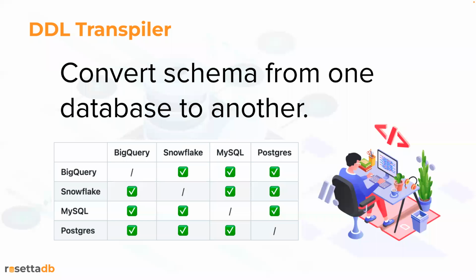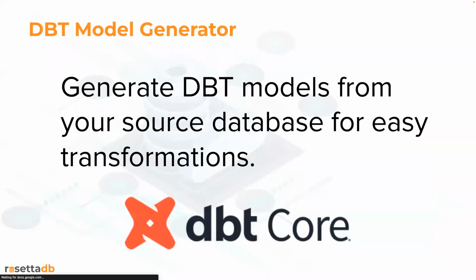You can use Rosetta as a DDL transpiler to convert from one schema to another. For this, we'll see an example. And by the end of this webinar, we'll have the chance to discuss how we can extend this further, whether RosettaDB is extensible, and what we need to know in order to do that.